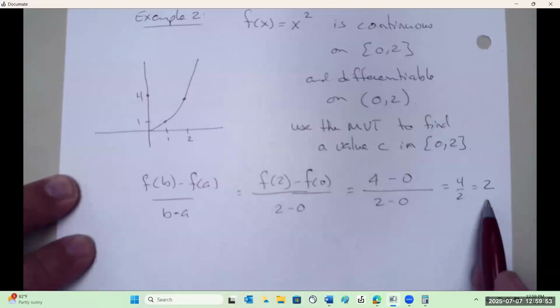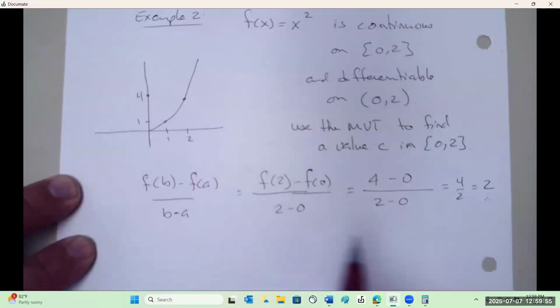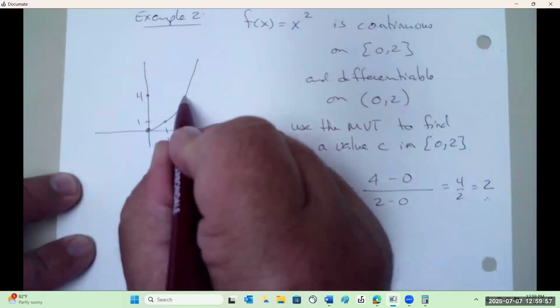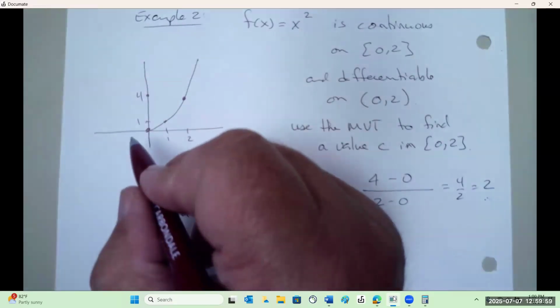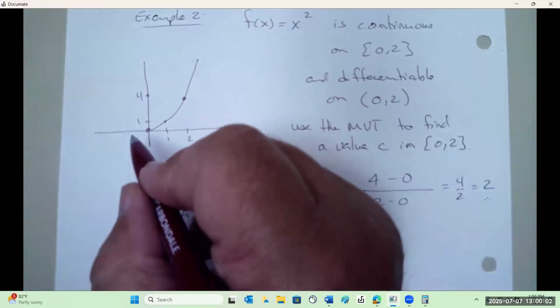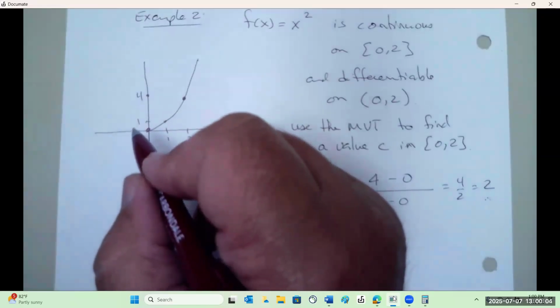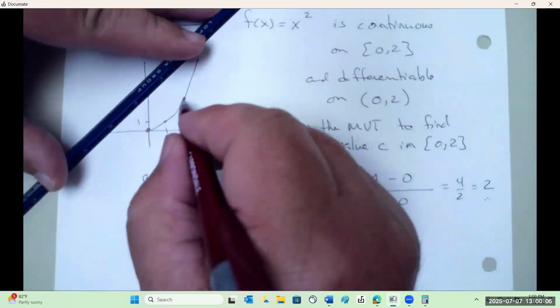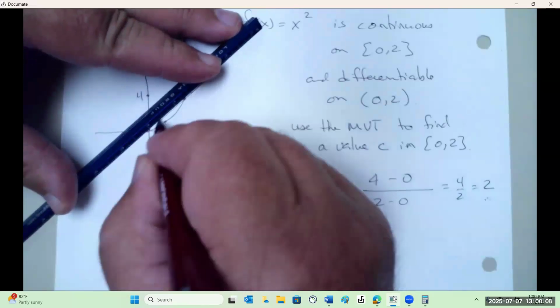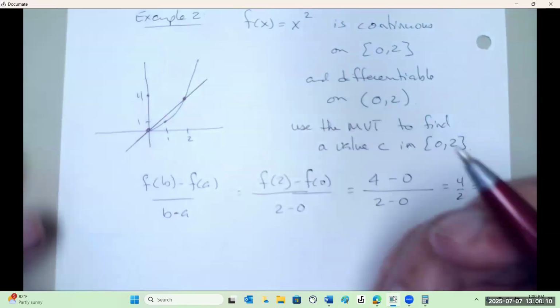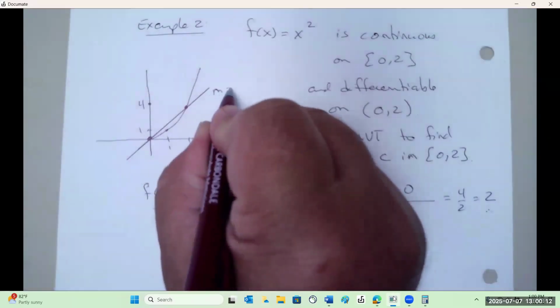What this represents is that the slope of this line equals 2.